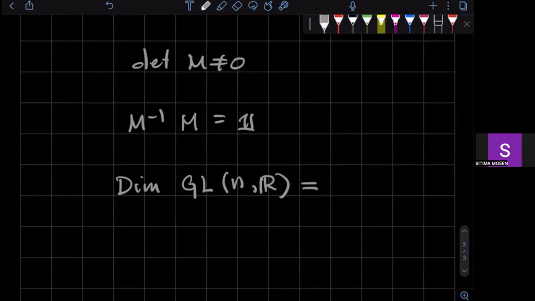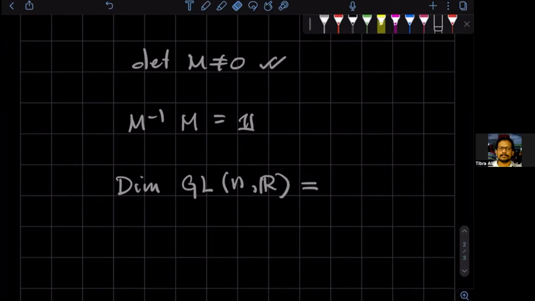N squared minus 1. The last one has to be such that the determinant isn't 0. Right. So although this is a restriction, this is not an equation that cuts down on the number of parameters, right? It just tells you something about what kind of manifold it has to be.